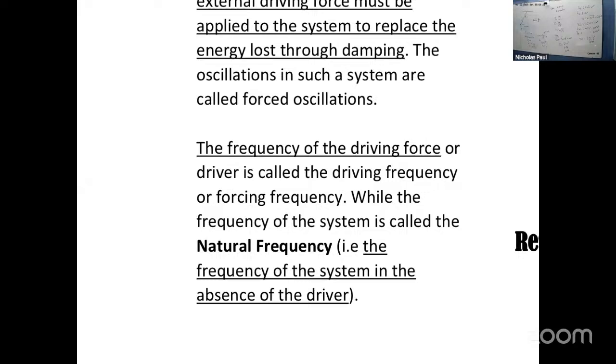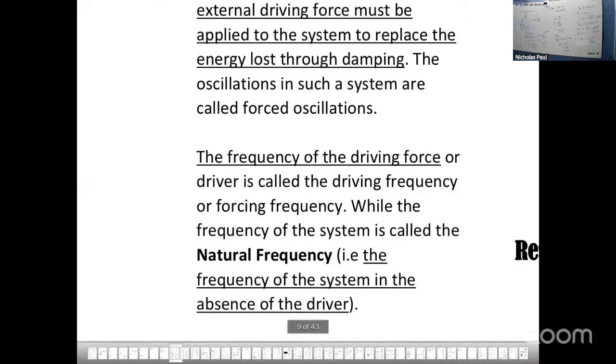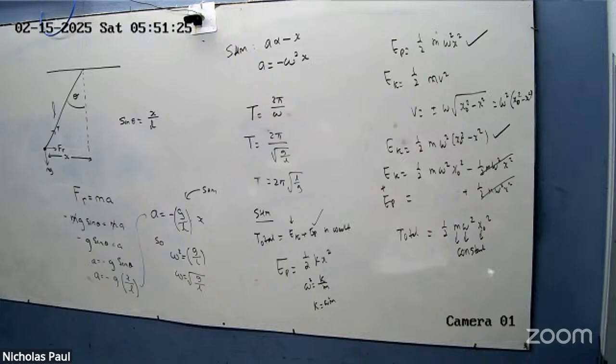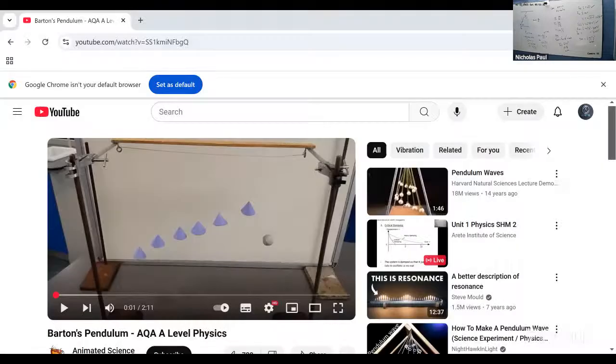All right, so watch this here. Here's an example of resonance. See if we can explain what is happening here. Online, you'll see the screen. This should be a small video. I'm going to try and play it.